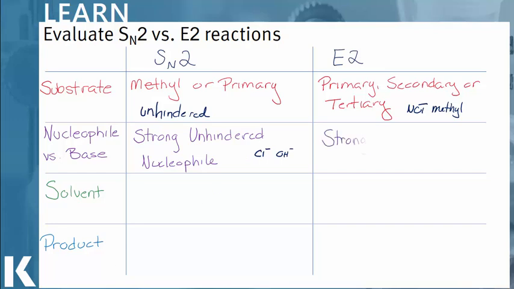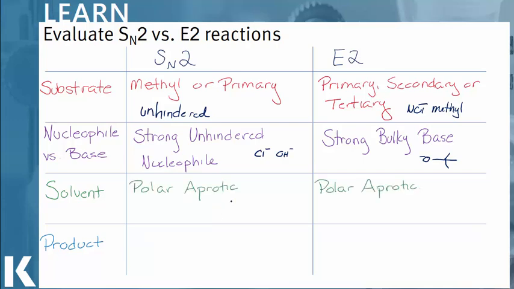For E2, you need to have a strong base, and if it's bulky, that will go even further to favor an E2 elimination. So something like this base, it's very bulky, and because of the oxygen with the negative charge, it would also be a strong base.